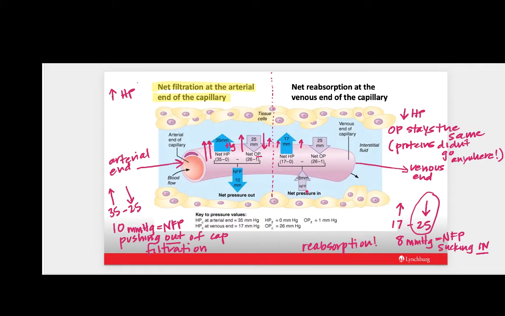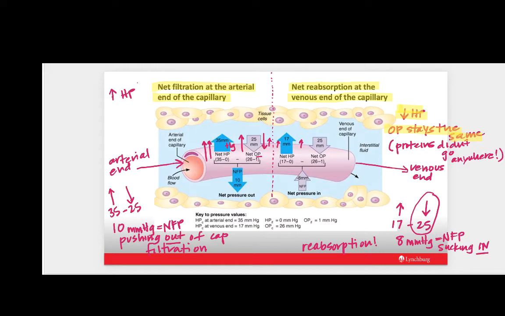Okay, because we're pulling fluids back in. And that's exactly what you see if you look up here. We have net reabsorption at the venous end of the capillary. That's what's happening there because our hydrostatic pressure decreased, but our osmotic pressure stayed the same, and it changed that net filtration pressure.